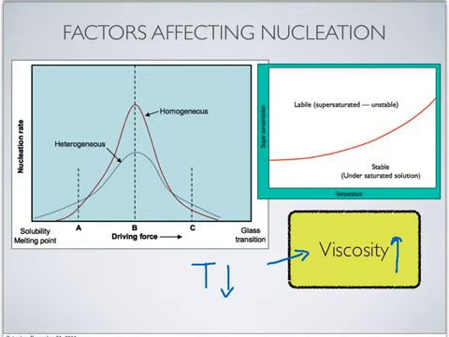Another factor is that an increase in concentration also will increase the viscosity. For example, if we start from this point, and we remove the solvent by using evaporation, this will increase the concentration of the solutes, and therefore it will also increase the viscosity.